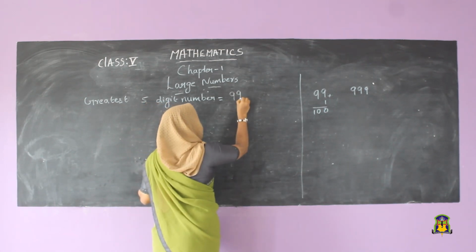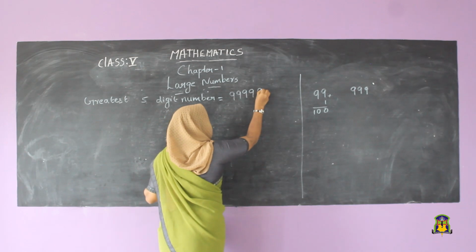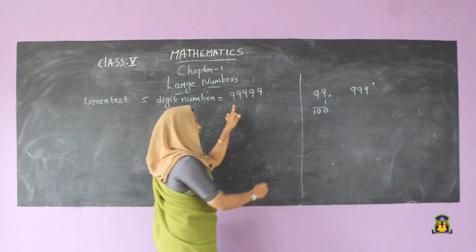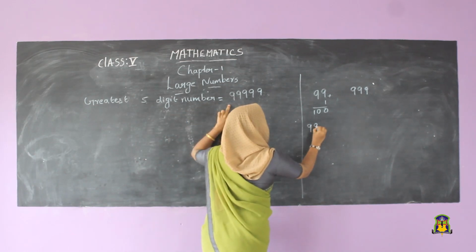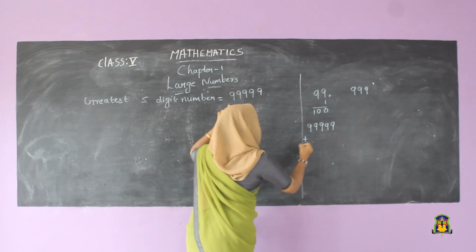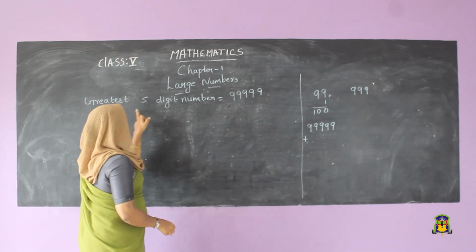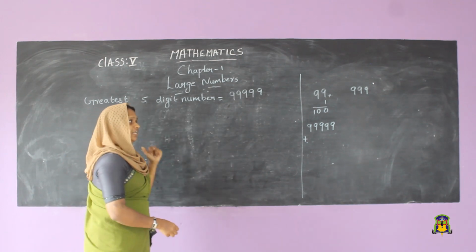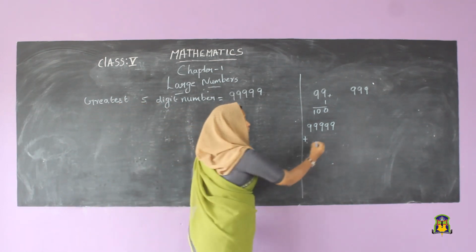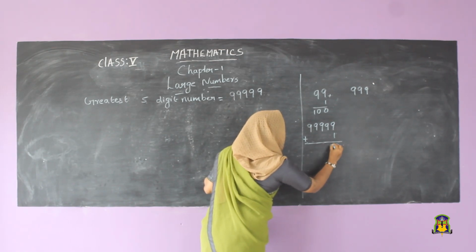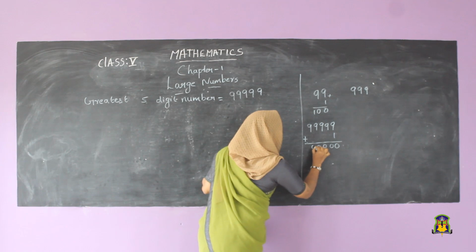I write here 99999. Then to get the smallest 6-digit number, we want to add 1. So we get 100000.